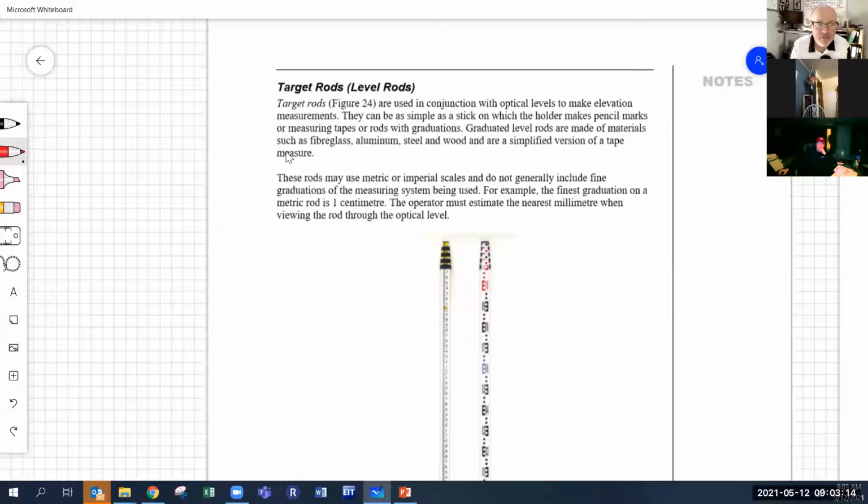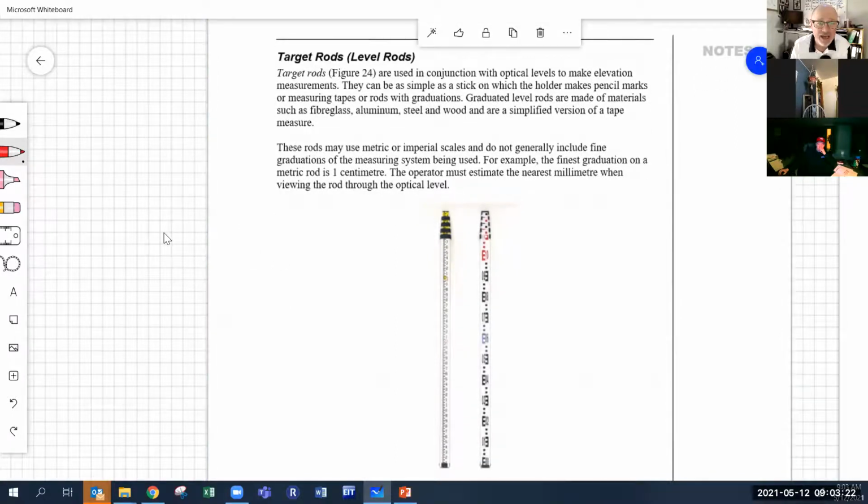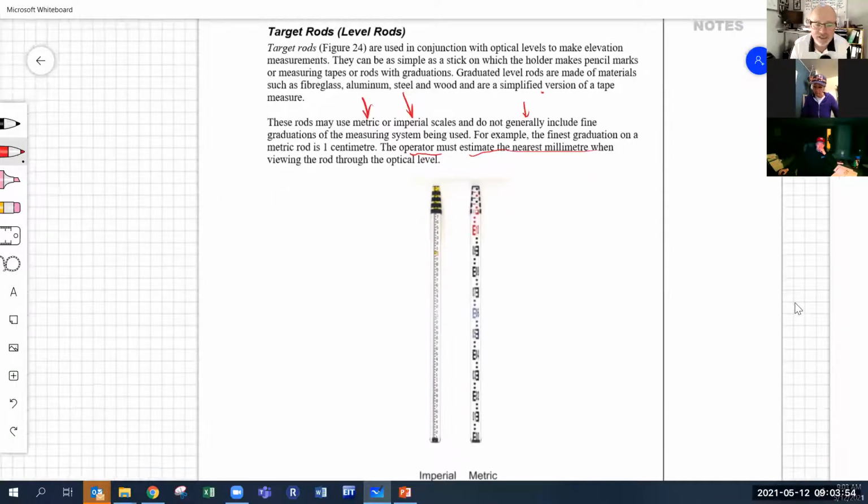These rods can be as simple as a stick with a pencil, or a measuring tape, etc. But these rods that we have can be either in metric or imperial, and they do not generally include fine graduations. So the operator of the builder's level, the optical level, will estimate to the nearest millimeter when viewing the rod through the optical level, okay? So you get a pretty close idea of what they are.